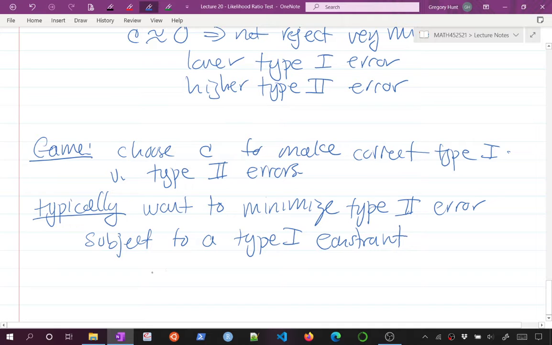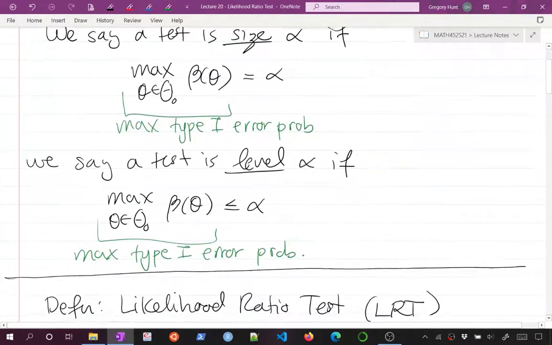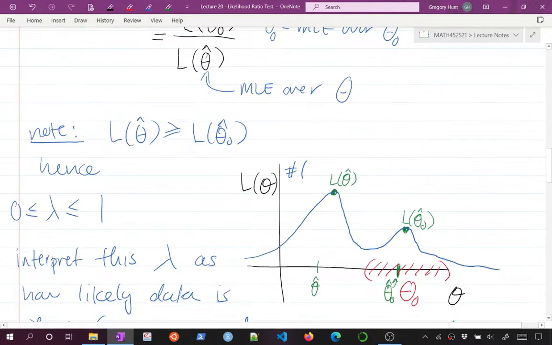So, for example, a level test. Here's our definition of a level test, so typically we'll say, okay, I want to keep my test level alpha, but I want to minimize my type 2 error.